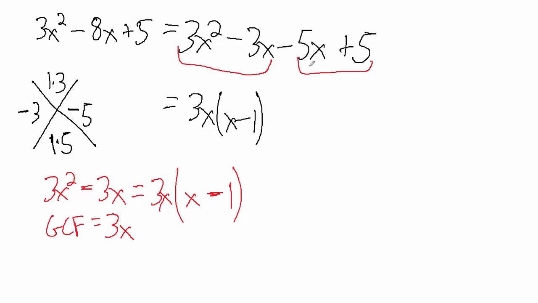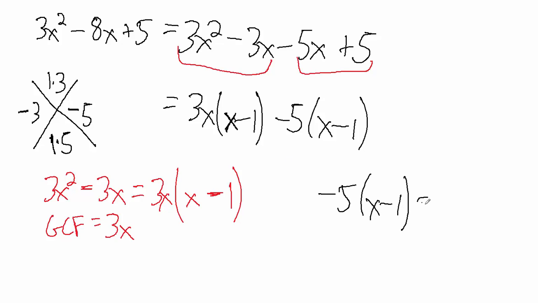Now, we could do the same thing again here, but notice this is a little simpler. We just have minus 5x plus 5. Remember, because we have x minus 1 right here, we want to make sure that we end up with x minus 1 in here. So what can we pull out? If we pull out a minus 5, then we'll be good, right? Because minus 5 times x minus 1 equals minus 5x plus 5, and that's exactly what we have right here.